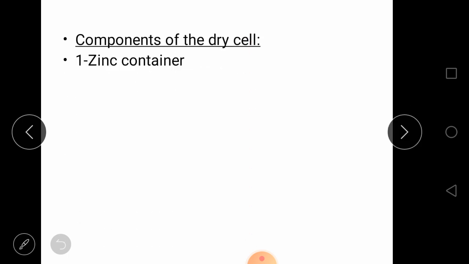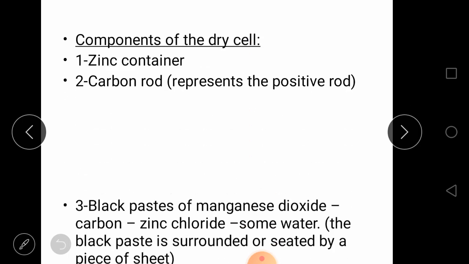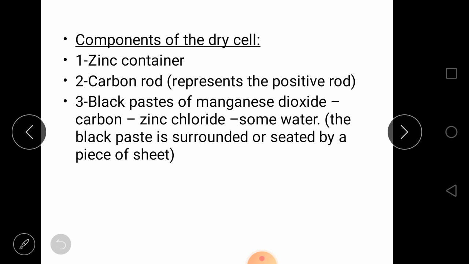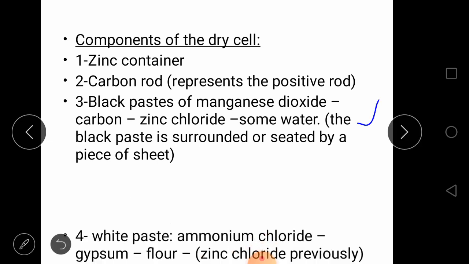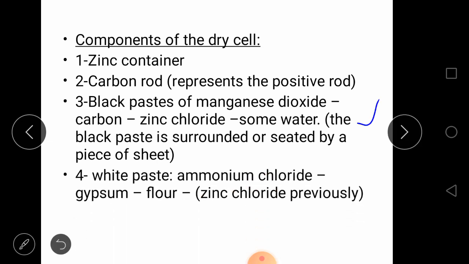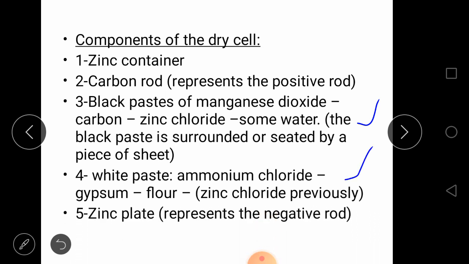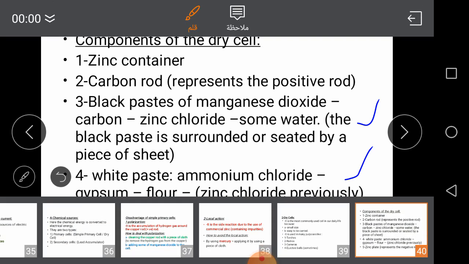The components of the dry cell: zinc container, carbon rod as a positive rod, black paste, which is made of these chemicals, and white paste, which is made of these components. The zinc plate is the negative rod of the cell.